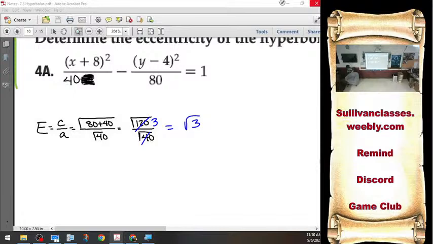Hey, when you have this bad boy, sometimes the big picture is worthwhile. Square root of 120 over square root of 40 is the same as the square root of 120 over 40, which is just the square root of 3. But if we had been working with this nonstop for the last 3 years, we probably would have caught that.